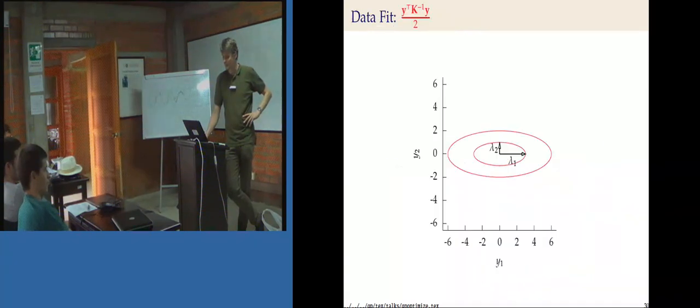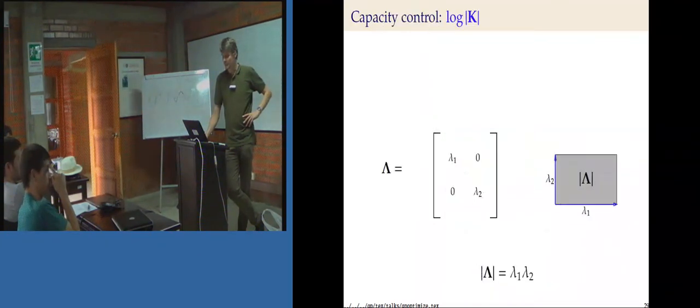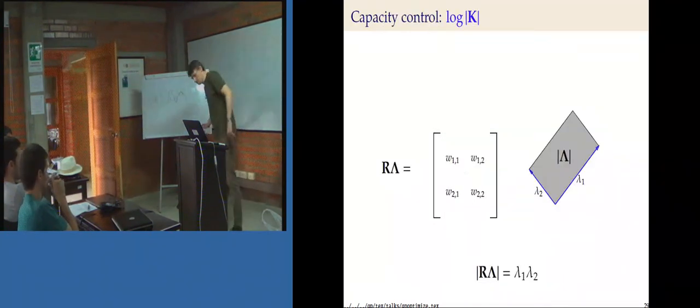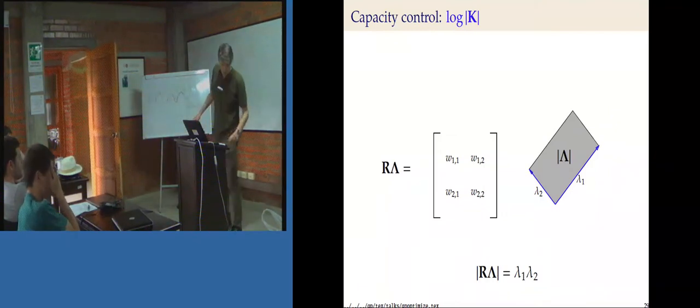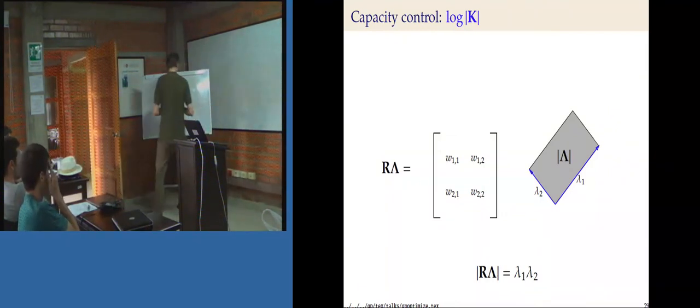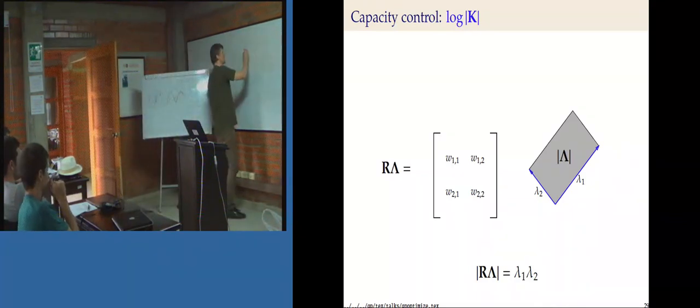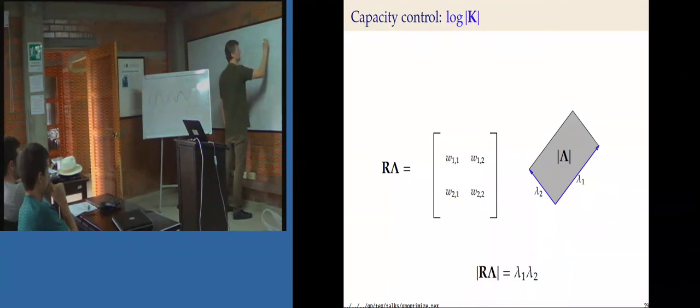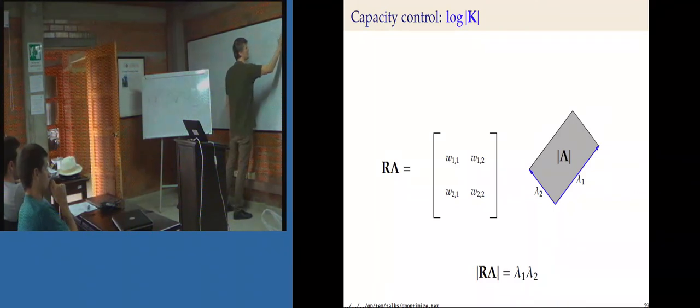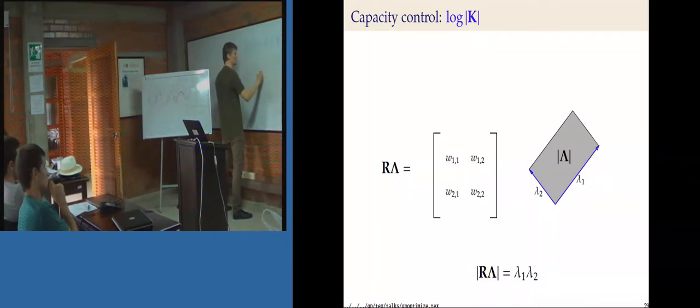But the determinant of the covariance is simply equal to the determinant of lambda squared, or the product of the squared eigenvalues.